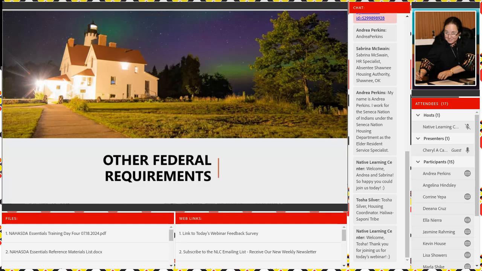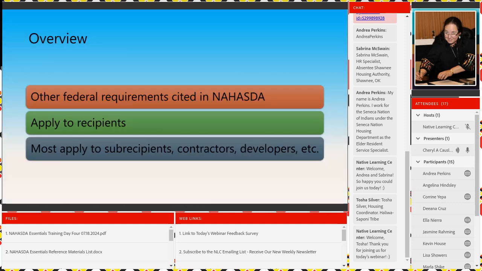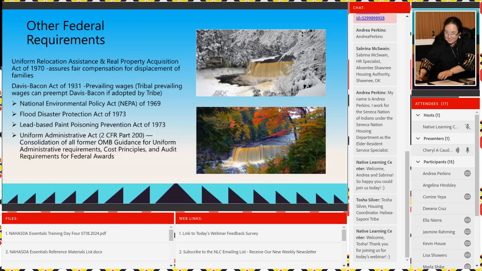Okay, some of your other federal requirements. The other federal requirements cited in NAHASDA apply to the recipients, and most will apply to your subrecipients, contractors, and developers also.